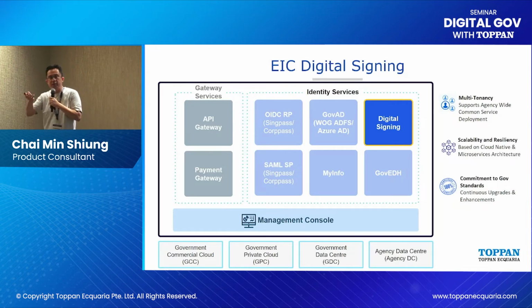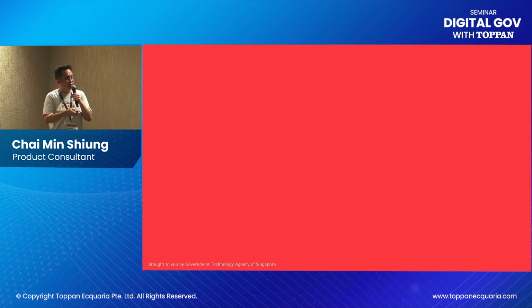Anyone with the SingPass mobile app will have the ability to perform this transaction or document signing remotely. So this EIC product will help you integrate Sign with SingPass into your application. Let us watch GovTech's Sign with SingPass video of a typical user journey.